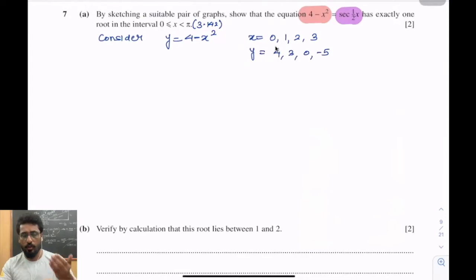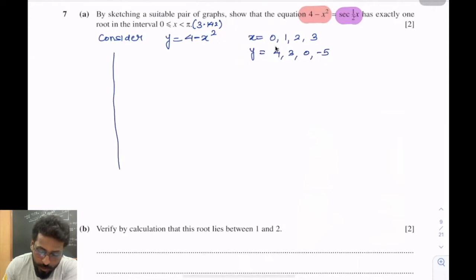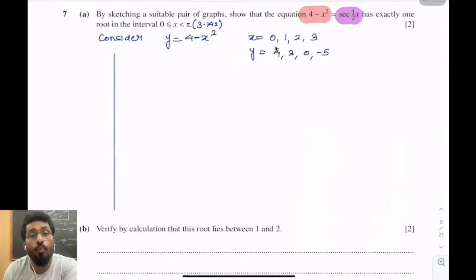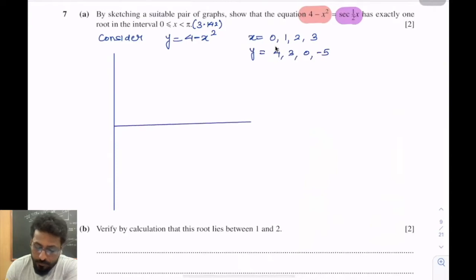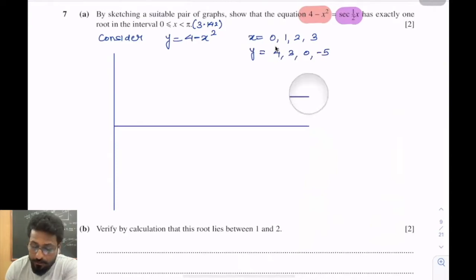That means I want to go on the y-axis till minus 5. So I'm going to draw a vertical line over here first of all. This vertical line is your y-axis. Then I'm going to draw the x-axis also, 0, 1, 2, 3. Of course 3.142, that's pi, is going to lie between 3 and 4. On the y-axis, I need 4, 3, 0, and minus 5. So that's my x-axis.